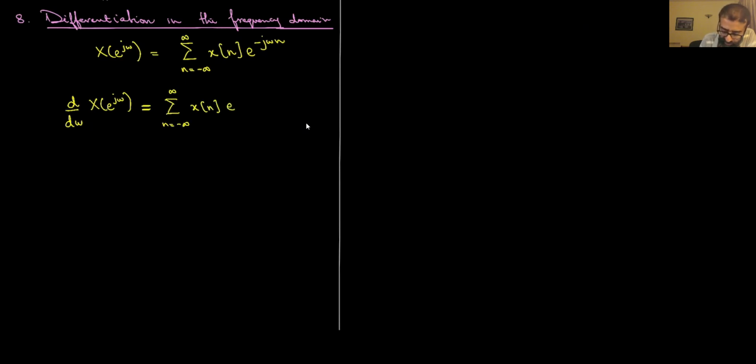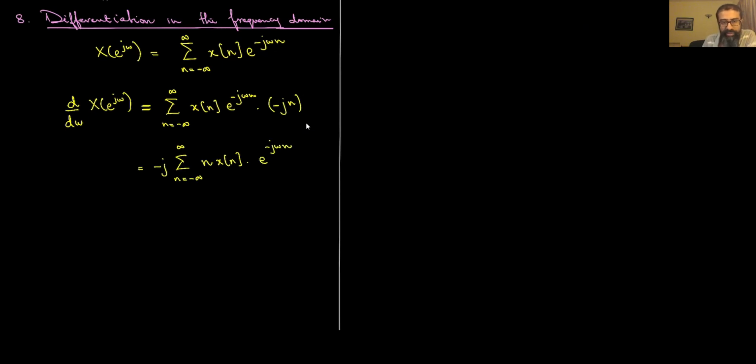So this is just e raised to the minus j omega n times minus j times n. And let me just rearrange the terms a little bit. So the j can come out of the summation, with n going from minus infinity to plus infinity, and n can go here: n times x of n, e raised to the minus j omega n.